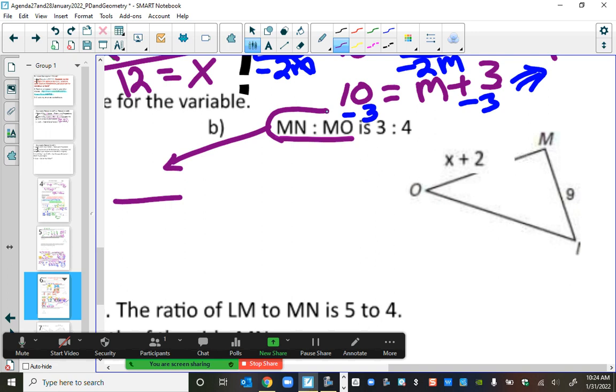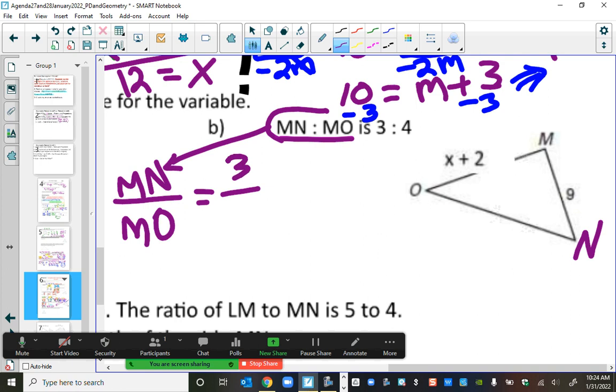N's going on top. Well, here's N over here, so MN, and then MO on the bottom. They say the ratio of MN to MO is 3 to 4. 3 over 4. Now, here's the key step.